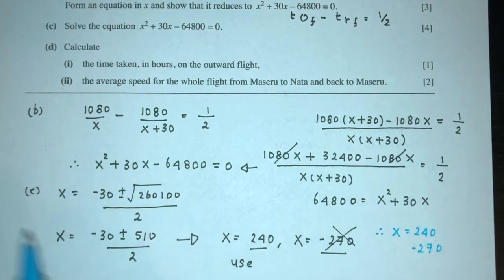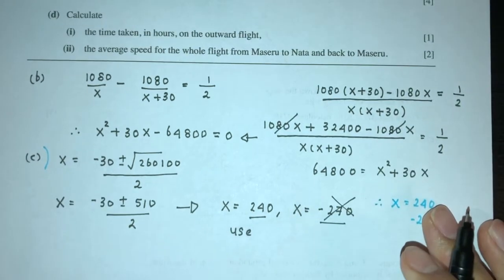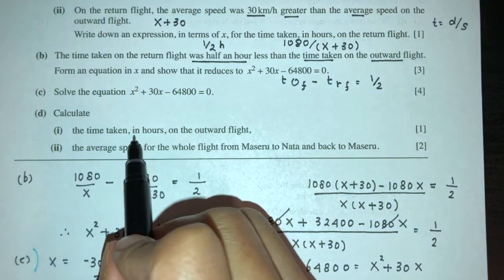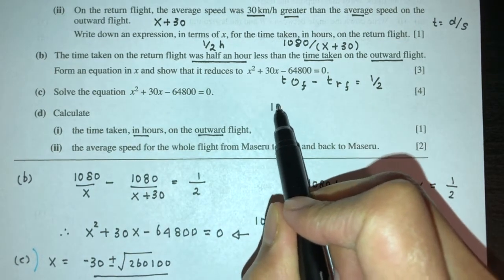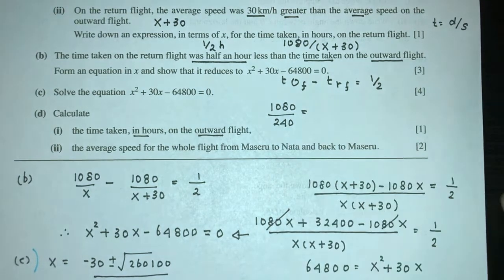Okay, that will be your answer for part C. But now, following up the next question, we will use only this one. So part D, we have to calculate the time taken in hours on the outward flight. So time taken was equal to 1080 divided by x, that will be 240. That will be what?